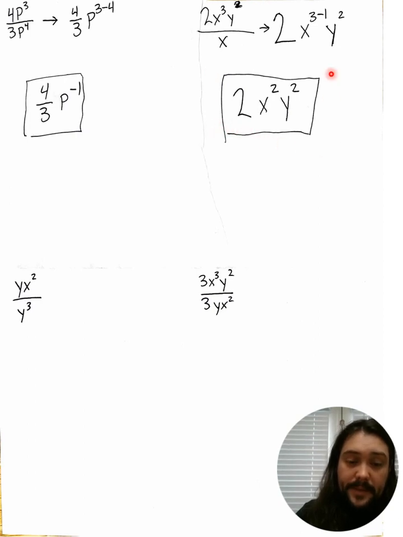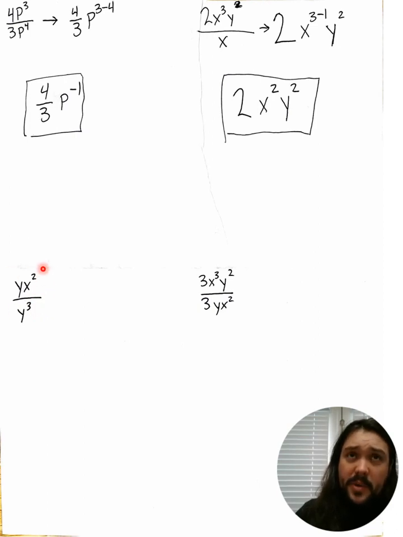Okay. This one right here, yx squared divided by y cubed. Okay, so looking at this, no coefficients to worry about, but I do have y's, so I'll start there. Y, 1 minus 3, and then x.